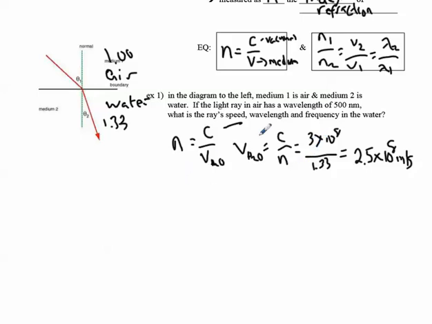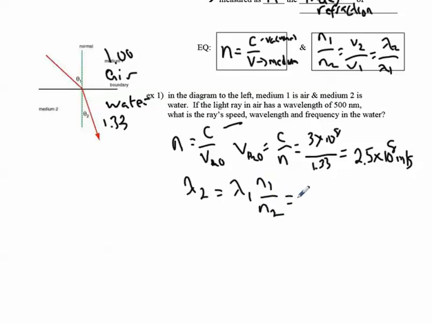Very simple problem. Now, if we want to look at wavelength, we could use the wave equation, knowing the velocity and the frequency in the water, which isn't given, but we could figure it out, or we can use this ratio. So we'll go with the ratio because we have all the information. So I'm looking for lambda 2, so I'm going to say lambda 2 equals lambda 1. If I bring the lambda over to the other side, I can do v2 over v1, or I'm going to do n1 over n2, because those are givens.